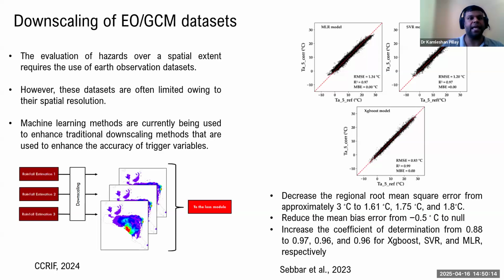So there is this issue, and we have seen growing use of machine learning methods to try and increase the trust in some of the downscaling.